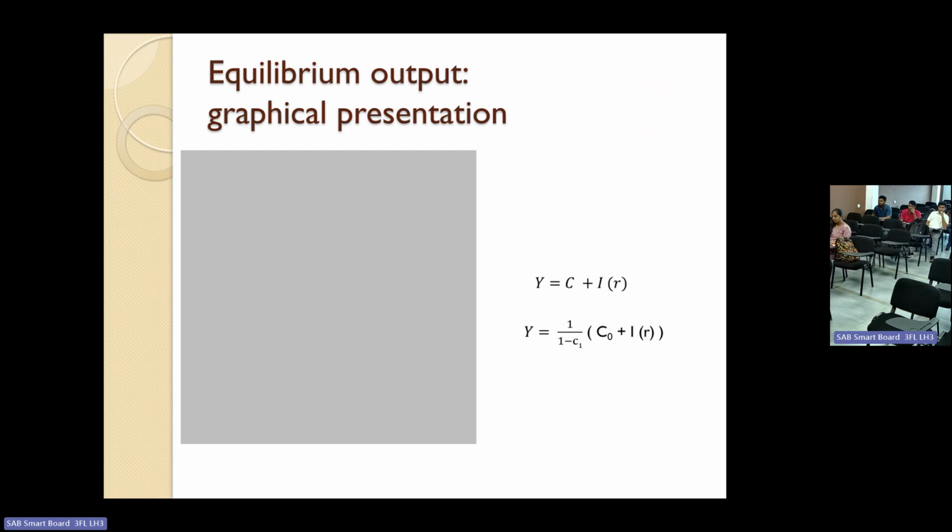Or we can write the same thing as C equals Y minus T. So consumption depends on disposable income. If we take it in different forms, no need to worry.